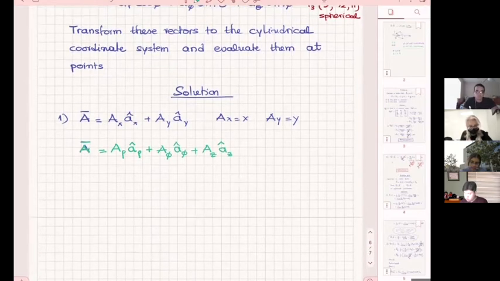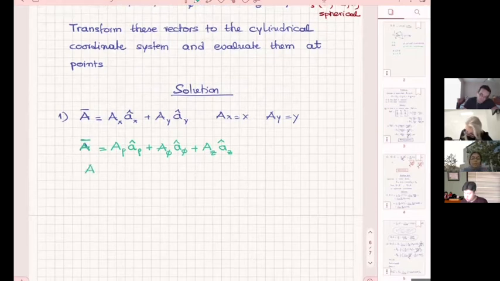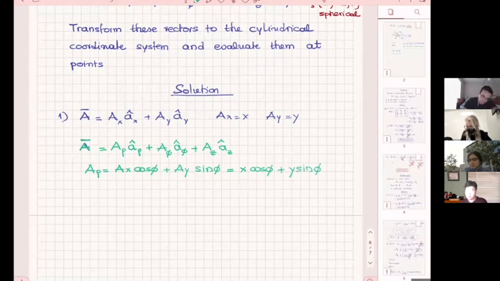According to the book or the formula I have given you, A sub rho is A sub x cosine phi plus A sub y sine phi, and this is equal to x cosine phi plus y sine phi. So that's A sub rho.